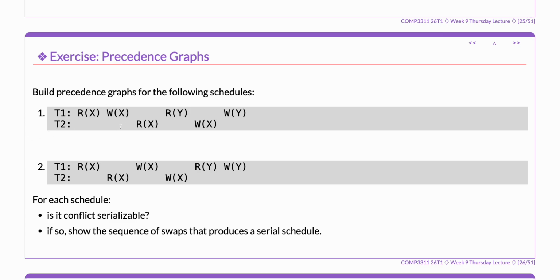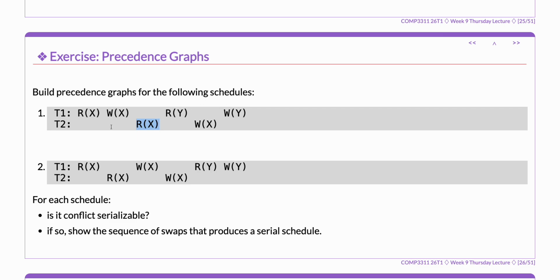And if you look at Rx in T2, are there any data items that are conflicting with it? Well, you're reading X, and T1 is reading Y. They're not conflicting because they're operating on different data items. And T1 is writing on Y, and T2 is reading on X. This is still not conflicting because they're operating on different data items.